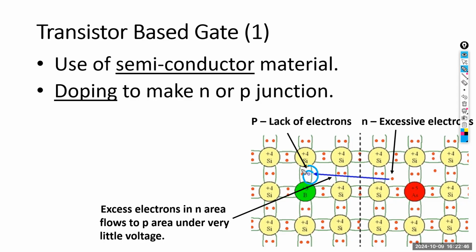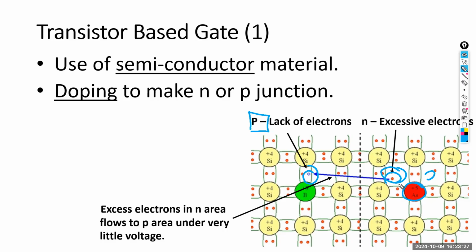We call it a hole. And if you take something like arsenic, it has more electrons than silicon. When you lack electrons, we call it positive charge. When you have excess electrons, because arsenic has extra electrons compared to silicon, then we say it's negative.